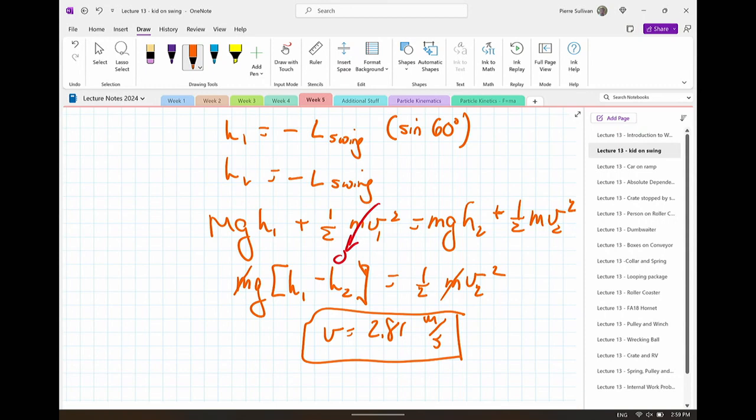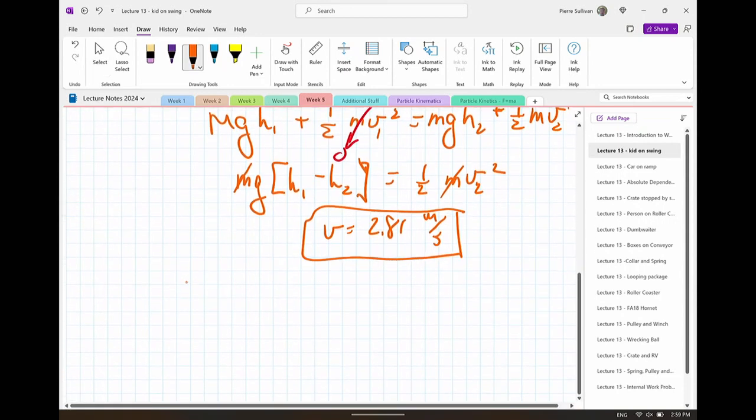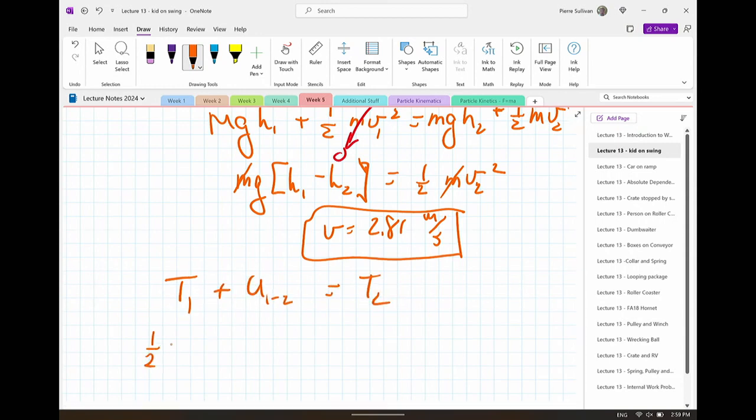Now, if I had written this as a work term, I would have written T1 plus work 1 to 2 equals T2: 1/2 mv1 squared plus mg(h1 minus h2) equals 1/2 mv2 squared, which is the exact same relationship that I have.